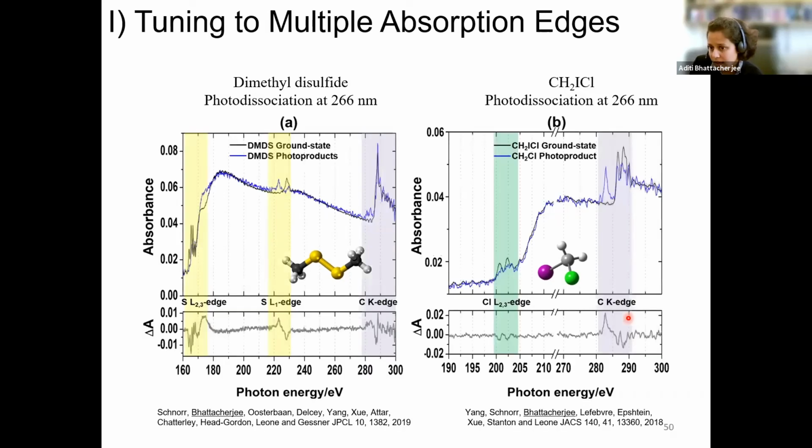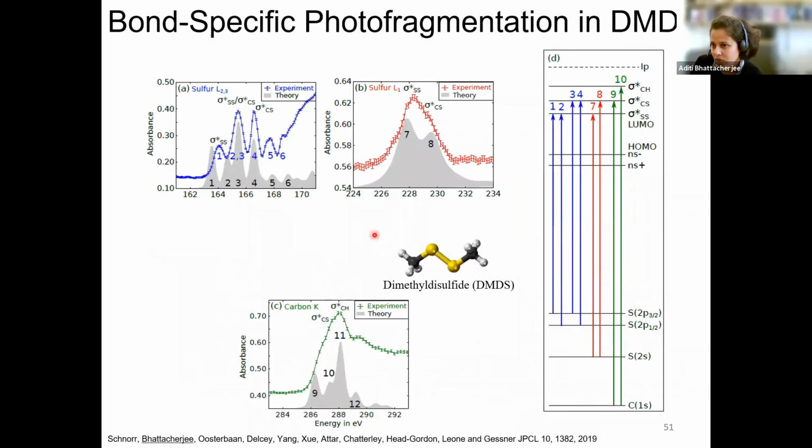And so when we look at the X-ray absorption spectrum here, in the bottom panels are the delta absorbance traces, which we directly measure, and the tops are the ground state and the photo products, which are reconstructed in black and blue respectively. What you see here are distinct, the sulfur L1, L2,3 edges, and the carbon K edge here in gray.